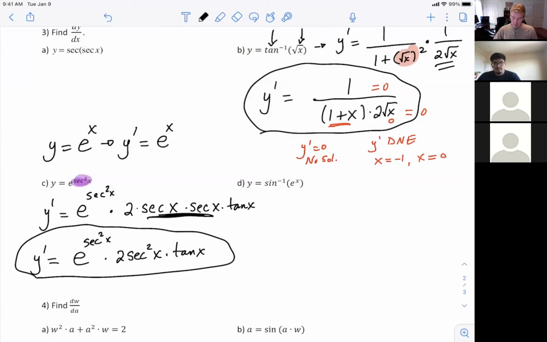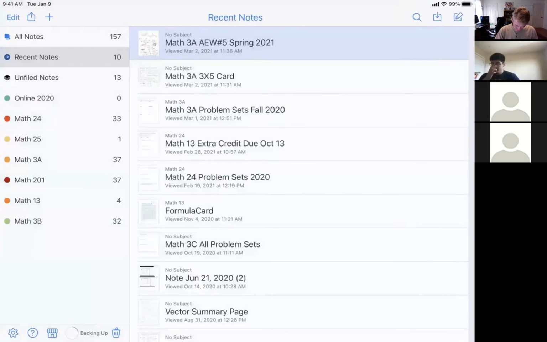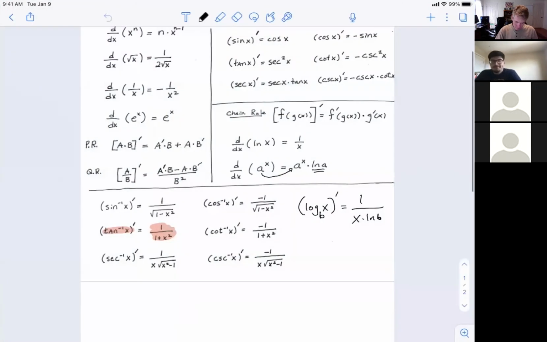So for part D, the derivative of sine inverse. The derivative of sine inverse, also, it's not a trig function for its derivative. It's 1 over the square root of 1 minus x squared.